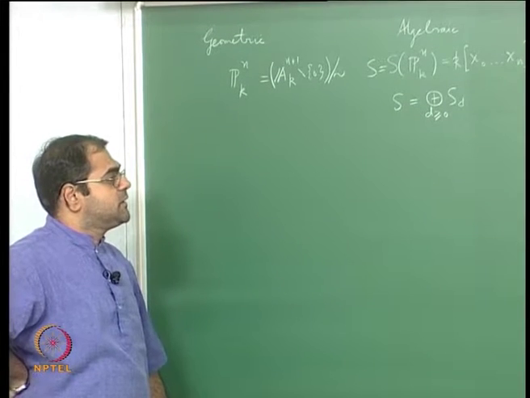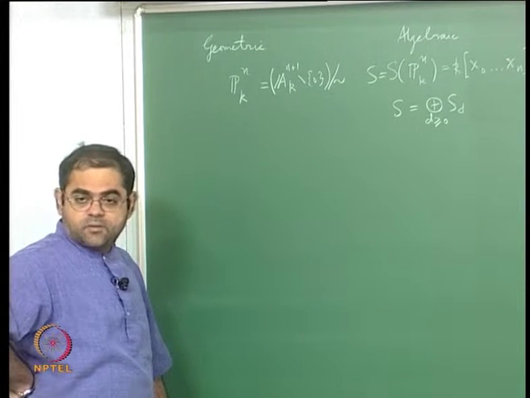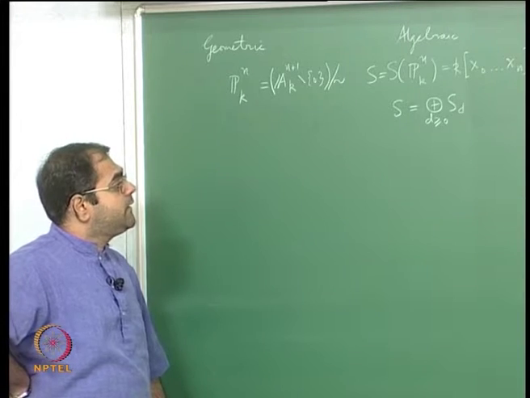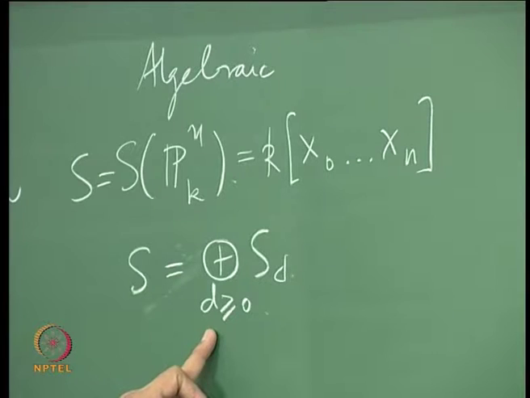S_0 is of course just K, the constants, which are homogeneous polynomials of degree 0. It is this so called graded structure which is very very important.